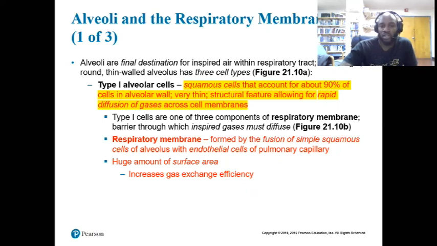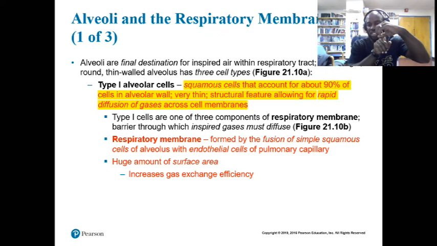These type 1 cells are one of three components of the respiratory membrane, which is the barrier through which these gases must diffuse. The respiratory membrane is formed by the fusion of simple squamous cells of the alveolus and the endothelial cells of the pulmonary capillary. So you have the alveoli and the cells of that wall, and right next to it you have the capillary.